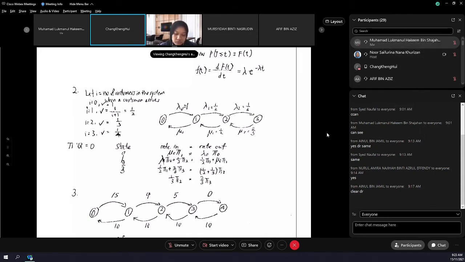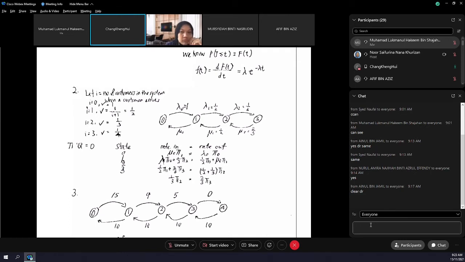Then I use I equals 1, the customer will join the queue with probability 1/2, and when the number of customers is 2, the probability is 1/3, and so forth. Then I proceed to the transition diagram, and this is my attempt at the steady state probability distribution.